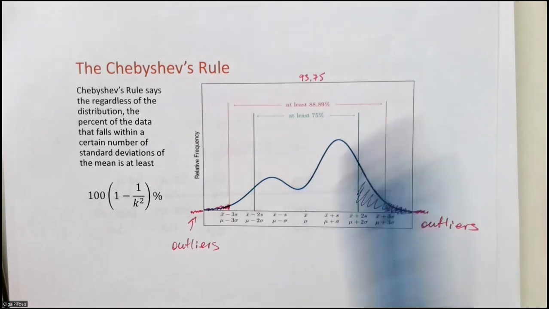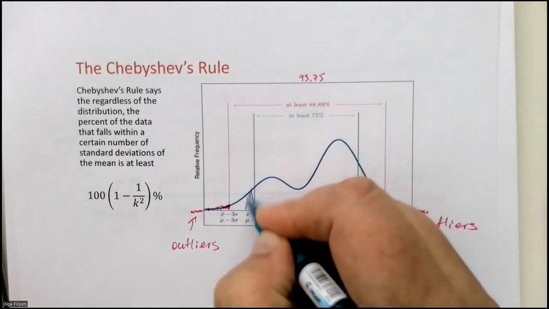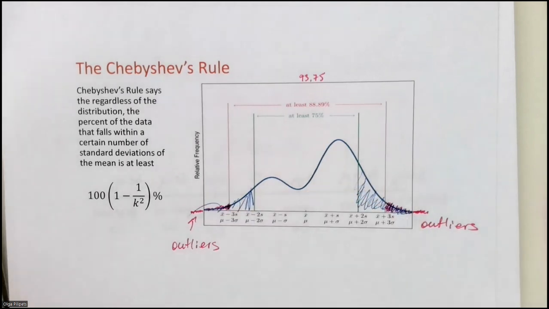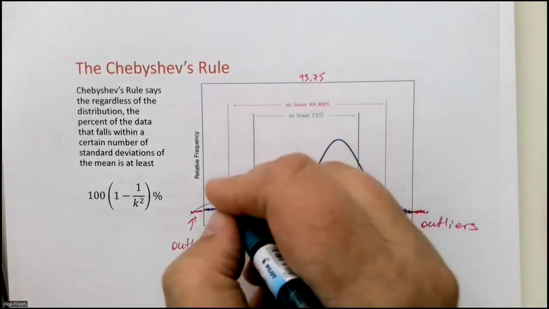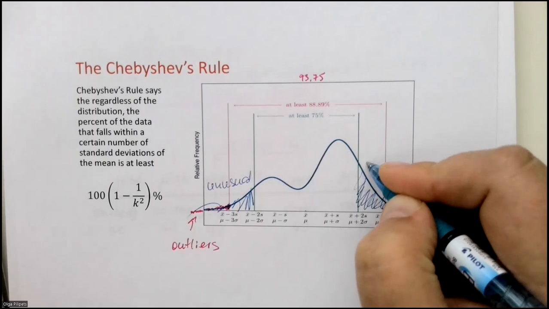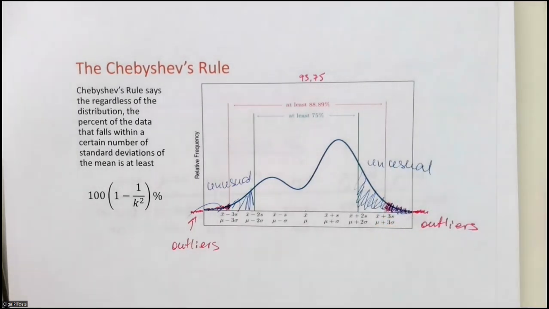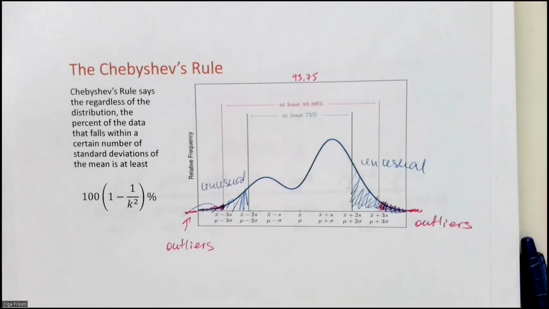Now, anything 2 standard deviations away, this zone, is the zone of unusual values, or significant values.